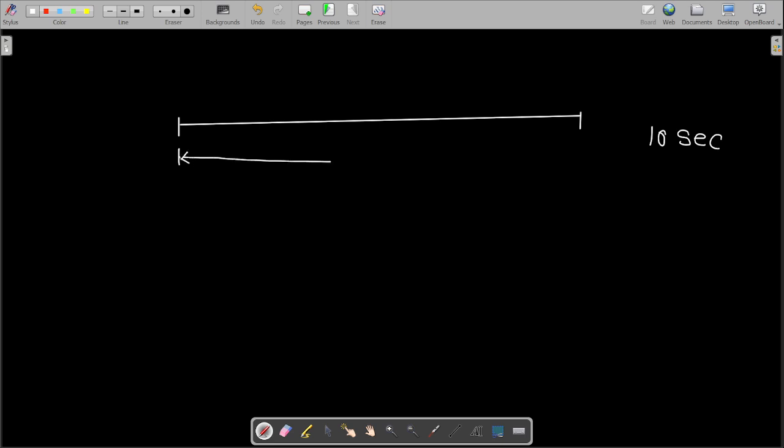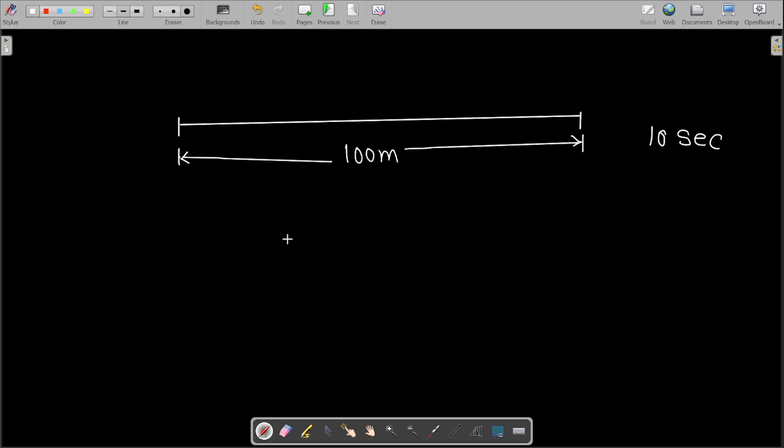See, suppose there is a path here, and the time taken to cover this path, let us say it be 10 seconds, and the distance of this portion, let it be 100 meter. 100 meter is taken, 10 second is taken to cover the distance of 100 meter.